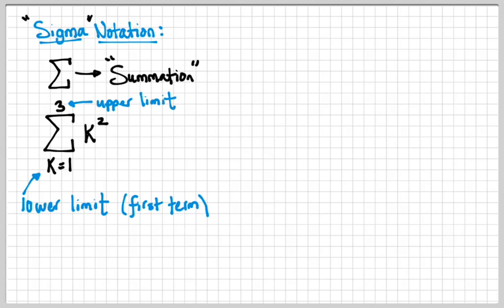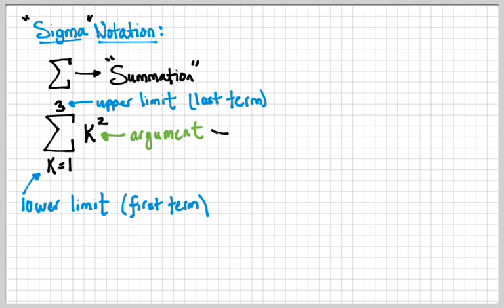Another way of thinking about this is our last term. And then the k squared, this is called our argument, which we've talked about in chapter 1, and this is what's going to function on those terms. So this is summation notation form, sigma notation.